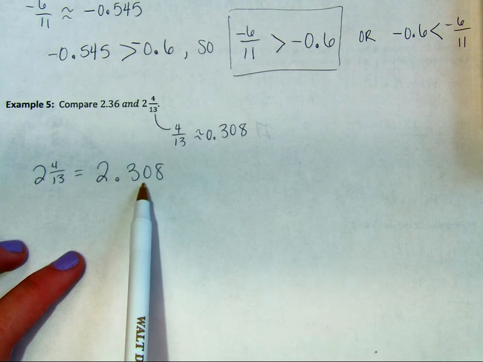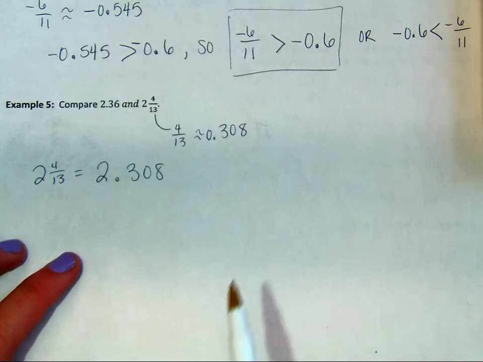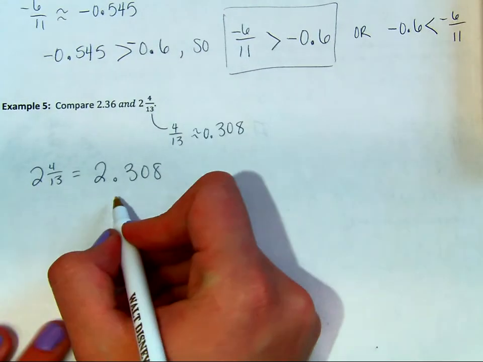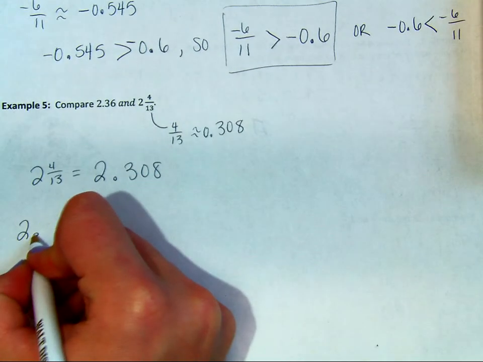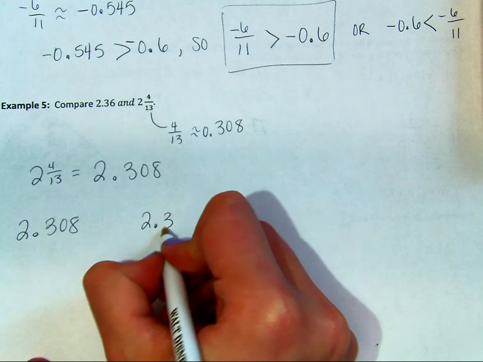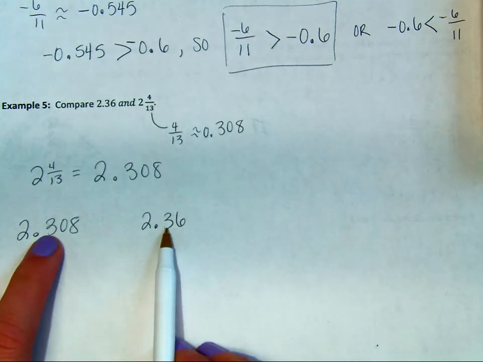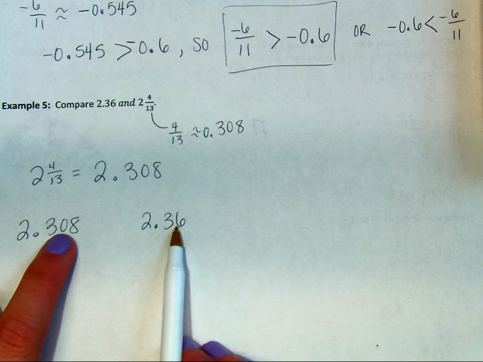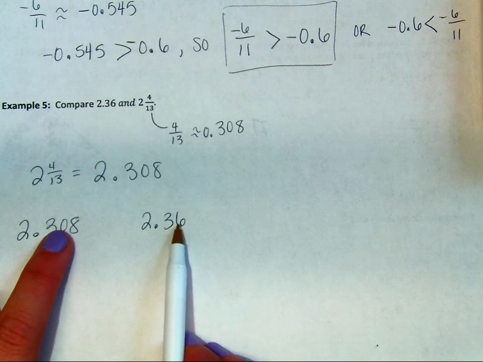And now I can easily see that I'm comparing 2.308 to 2.36. If I look at my tenths place, they're equal, but then go over one more place value, the 6 is bigger than 0. So this one must be bigger.